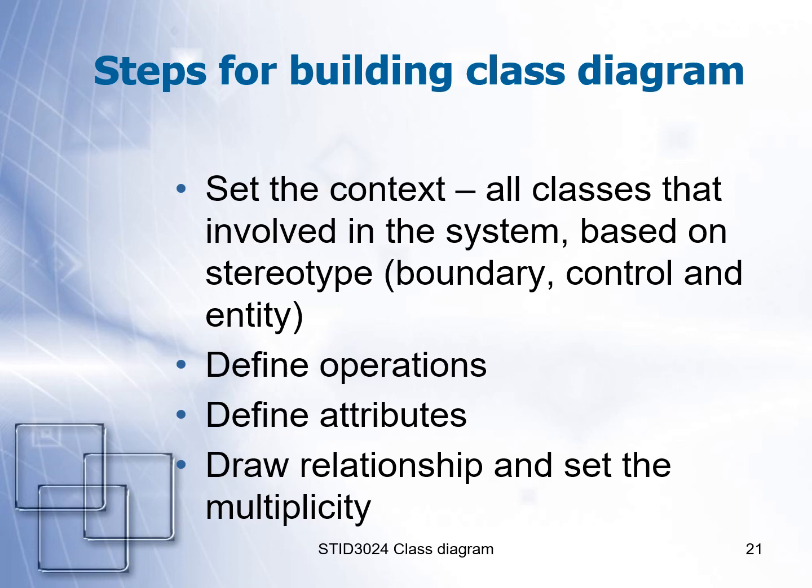Okay, now take a look at how you can actually build the class diagram. The first part is you need to set the context. So you need to identify what the classes are. A rule of thumb on how to define these classes is whenever you are given a description of a system and you try to identify the classes, the first thing you can do is identify in the text what the nouns are.